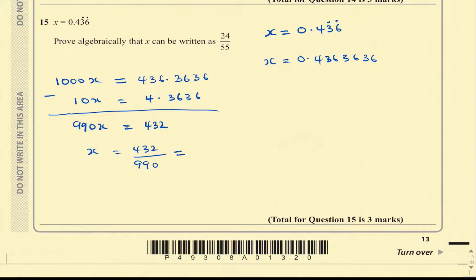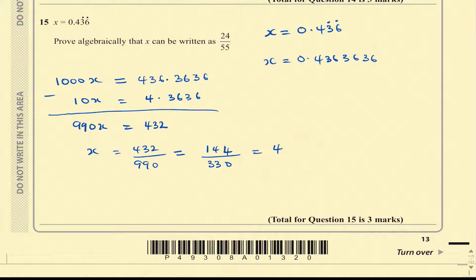If I divide 3 from top and bottom, I will get 144 over 330. If I take another 3 out, I get, well, 3 in 14 is 12, and that's 4, isn't it? So that's 4.